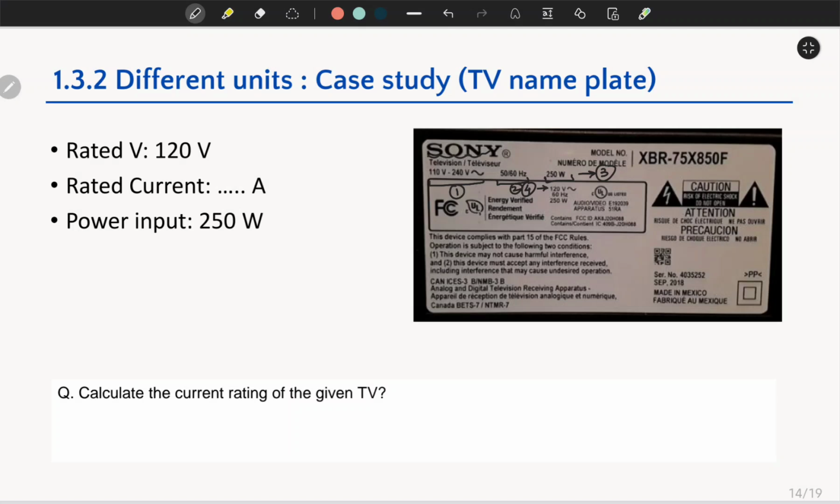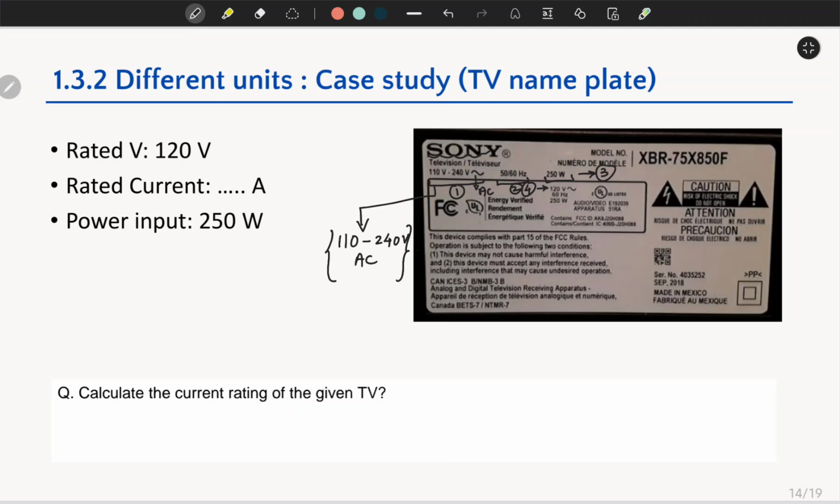Now you need to see here, this sign basically represents AC voltage. So this Sony television will operate satisfactorily between 110 and 240 volt AC. And this 50/60 hertz means the Sony television will be able to operate satisfactorily on either a 50 hertz supply or a 60 hertz supply.